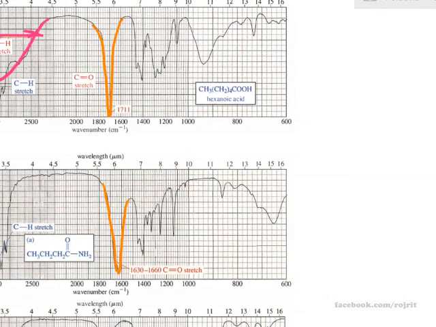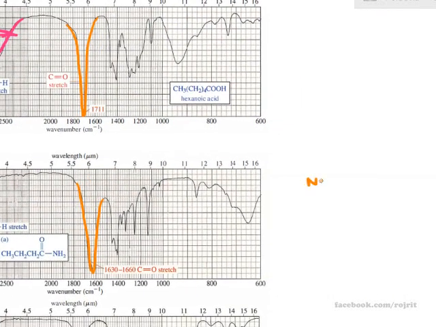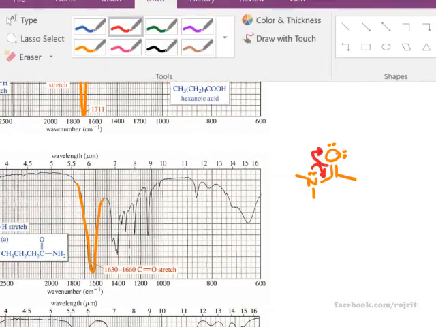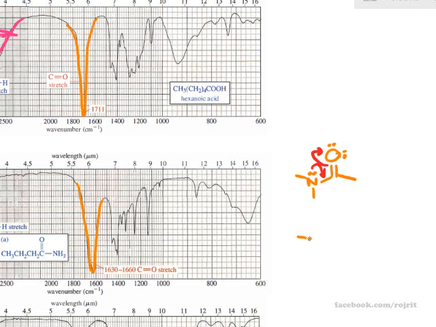But why? Because if you look at the structure of the amide, it can have a resonance structure. The electronegativity of the oxygen is very high compared with the nitrogen atom, so the electrons of the nitrogen atom can resonate up to the oxygen atom.